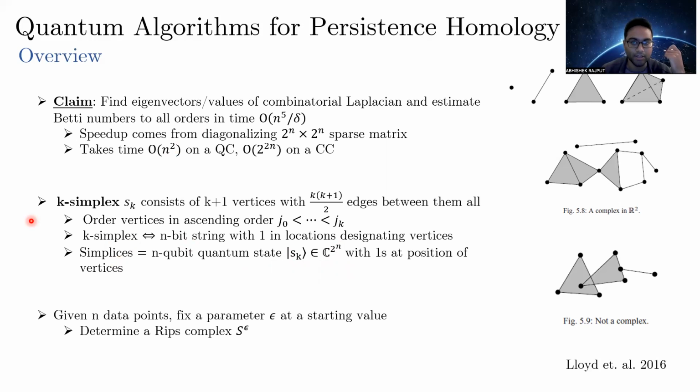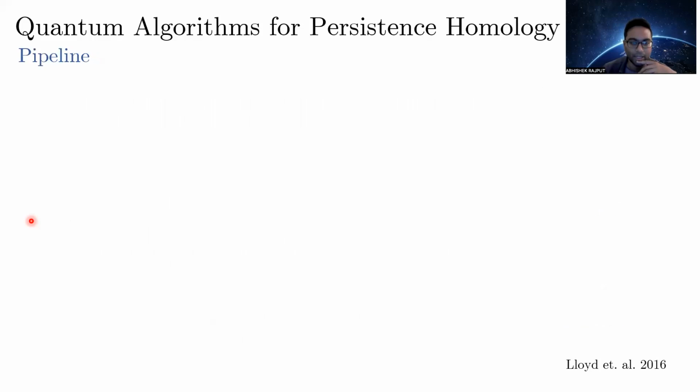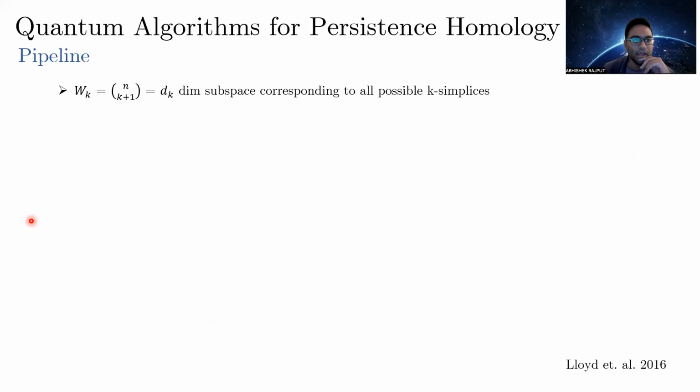So the idea is, given n data points, you do the same thing. You fix a parameter at a starting value to determine the Rips complex, based on how closely the points are together, whether or not they lie within epsilon distance or 2 epsilon distance from each other. Then there are two relevant notions of subspaces here.